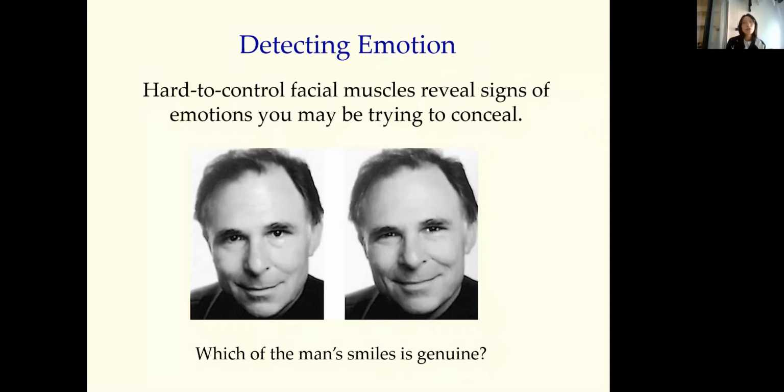All the facial muscles can be divided into two different types. The first type is easy to control. We can control them by our consciousness, by our willpower. And another type of facial muscles is hard to control.